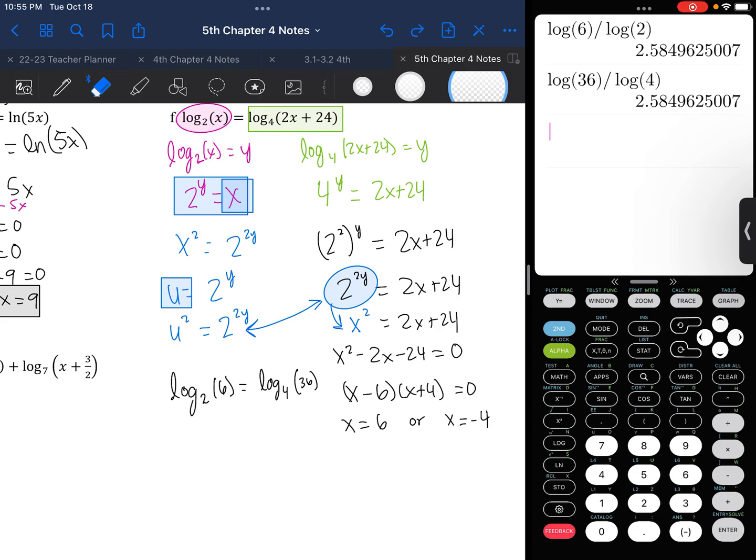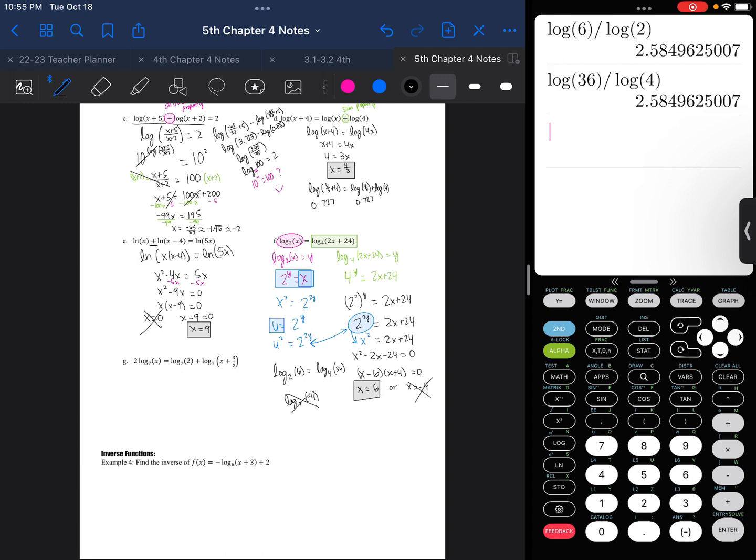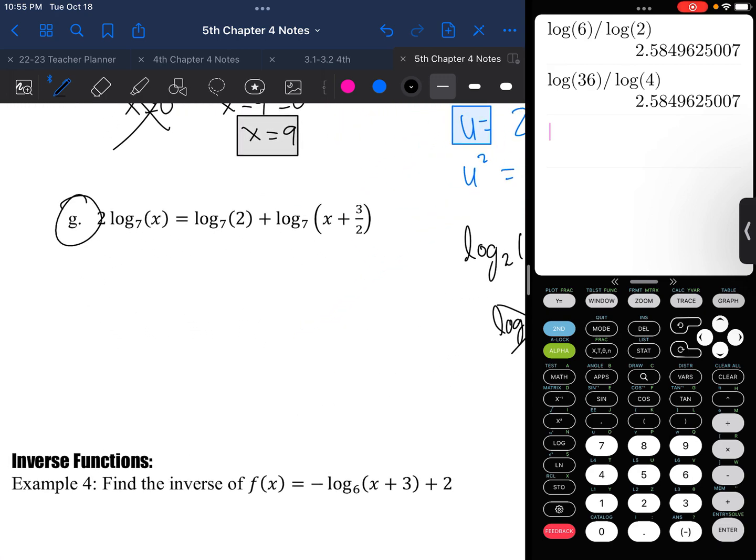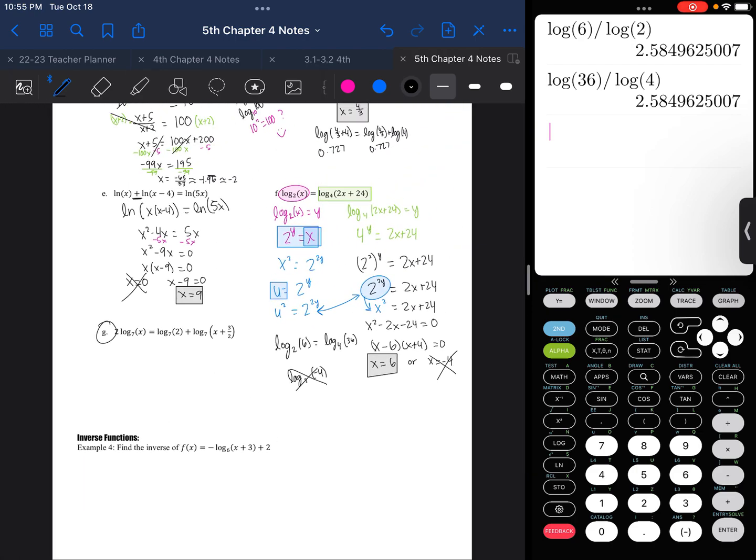That one works just fine. That one's good. Okay, and let's check -4. I already know this is going to be a problem because log base 2 of -4 is not real. That one's not going to work. Alrighty, I'm going to leave this one for you guys to try and do on your own. I'll post the complete answer if you get stuck.